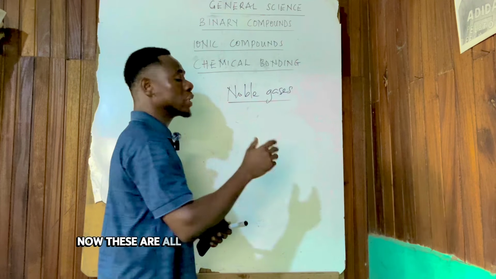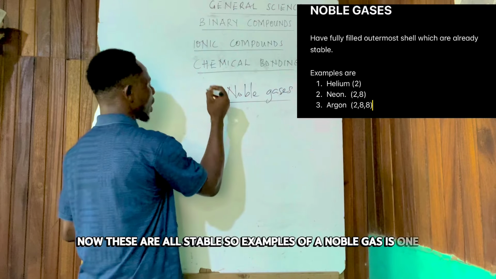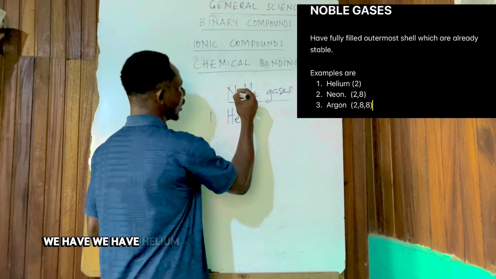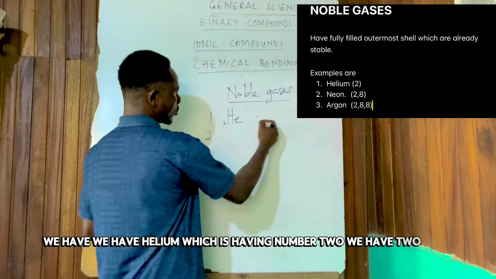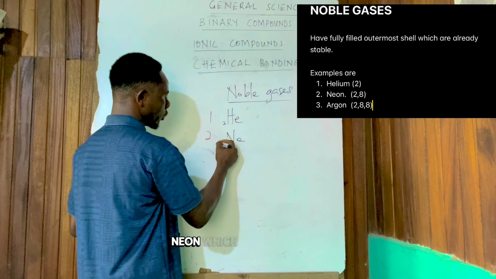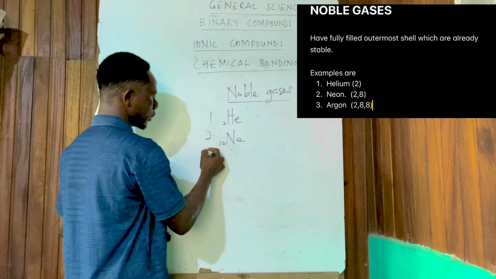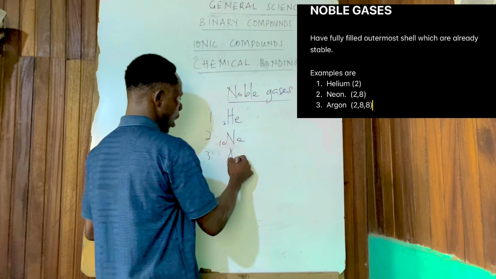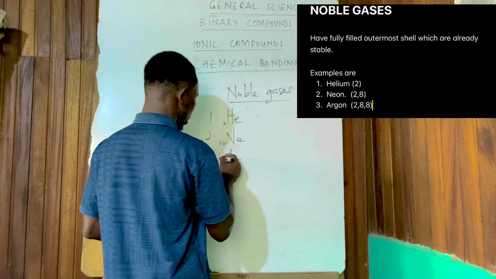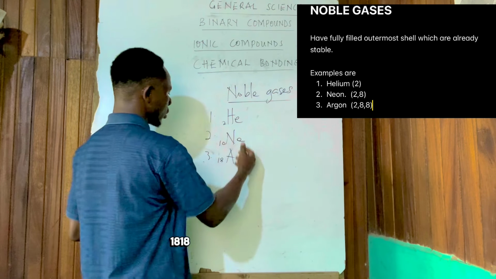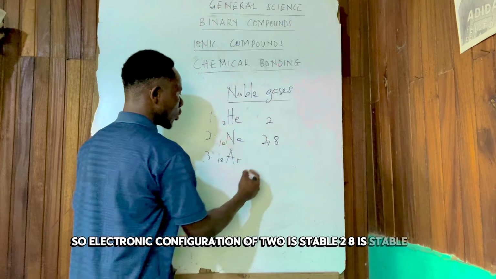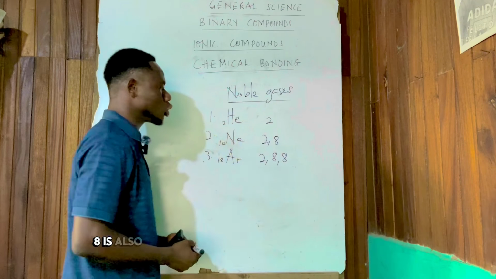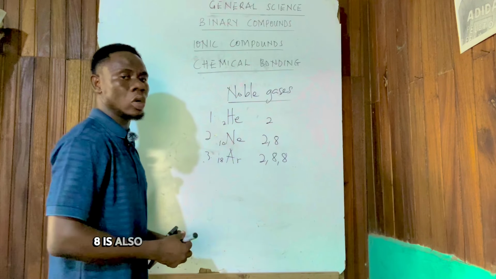Examples of noble gases are helium, which is number 2, neon, which is 10, and argon, 18. These are all stable. So the electronic configuration of 2 is stable, 2 8 is stable, 2 8 8 is also stable. So these are examples of noble gases.